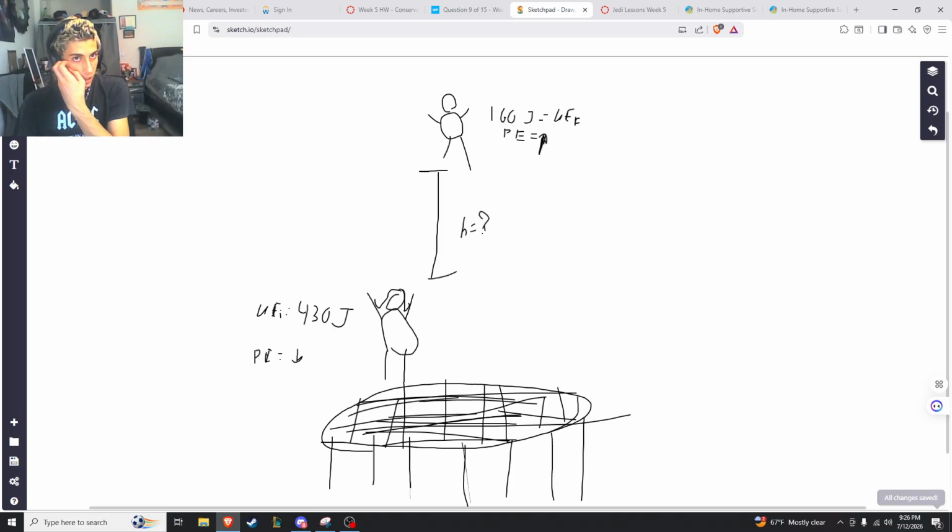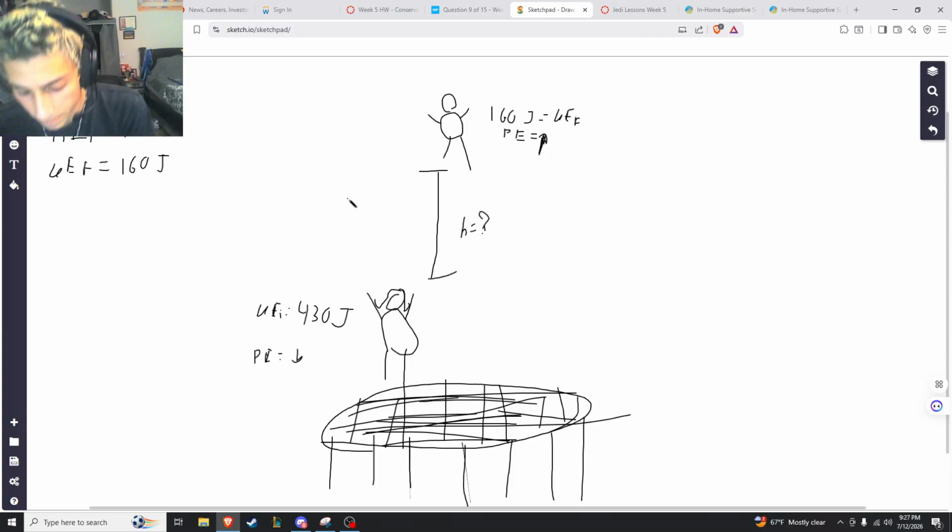So in this situation, her mass is 36 kilograms. We have her initial kinetic energy, which is 430 joules, and her final kinetic energy, which is 160 joules.